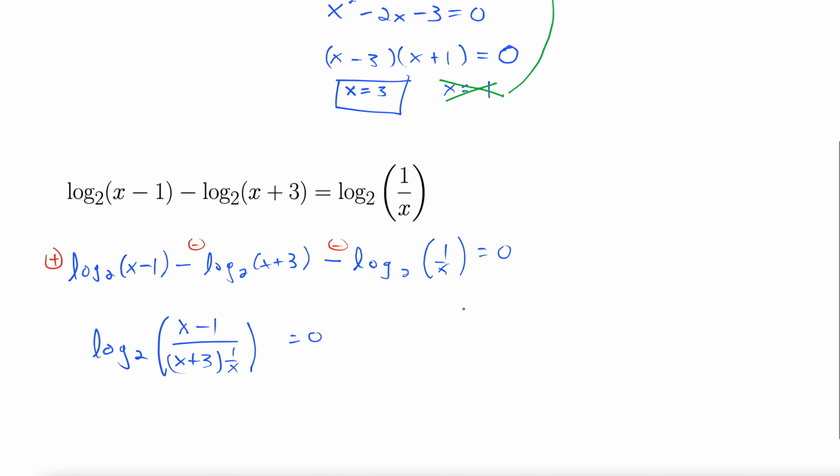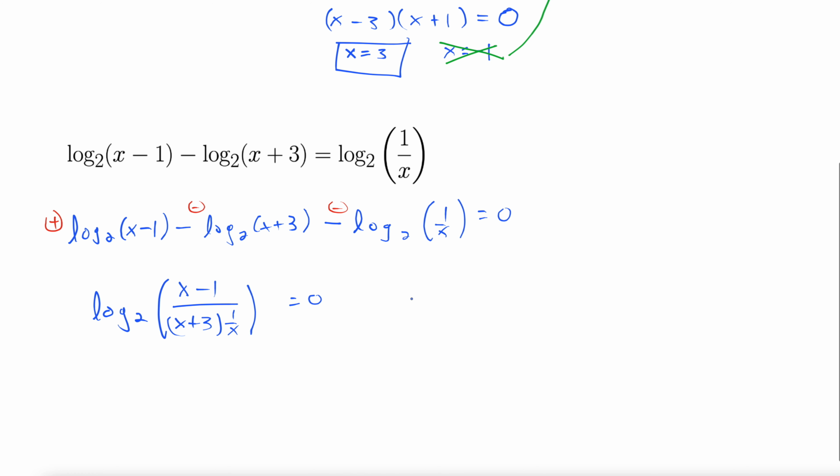Okay, well that's serious business right there. One thing we can do is multiply by the reciprocal to get this x up to the top, this 1 over x in here. We can just bring that x up to the numerator, so we have log base 2 of now x times the quantity x minus 1.